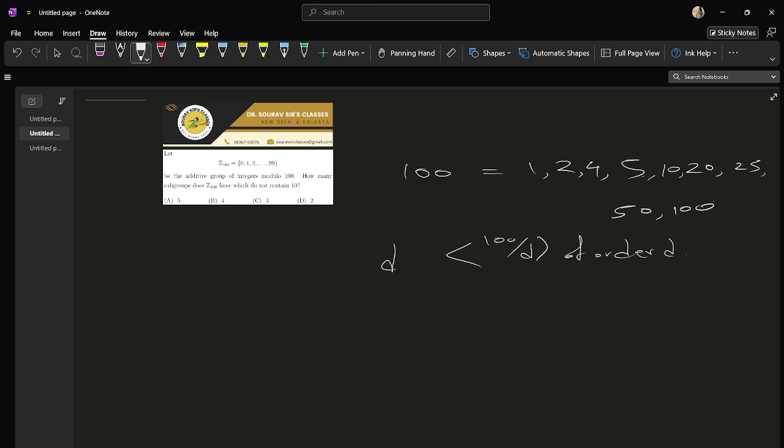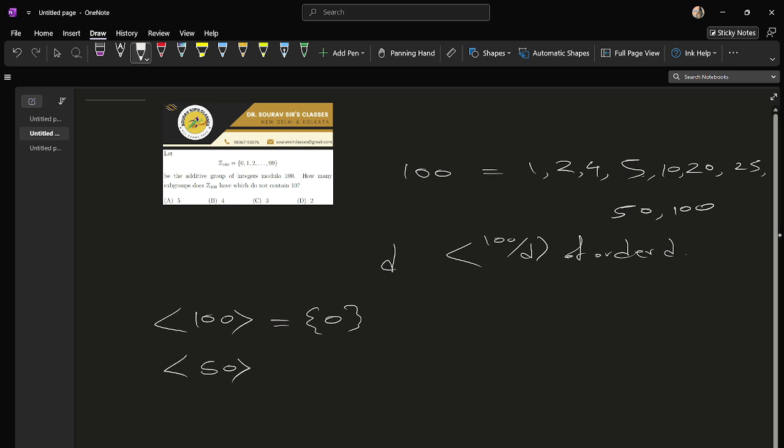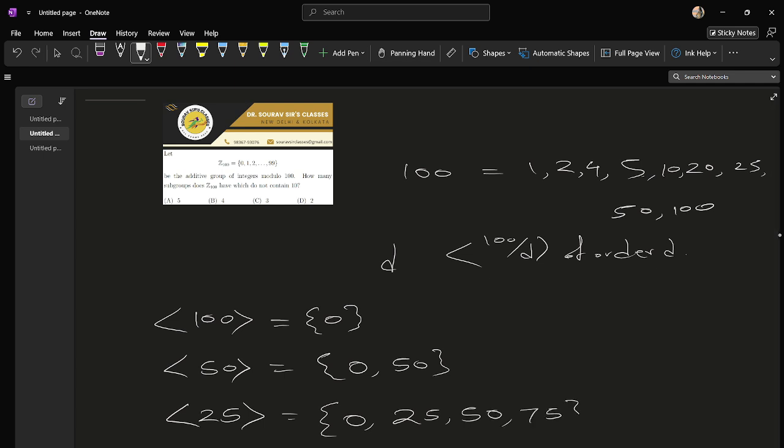Okay, so the subgroups of Z100 will be: 100 by 1, which is the group generated by 100, that equals 0. 100 by 2 is 50, so the elements are 0 and 50. Then 100 by 4 is 25, the group generated by 25, with elements 0, 25, 50 and 75.